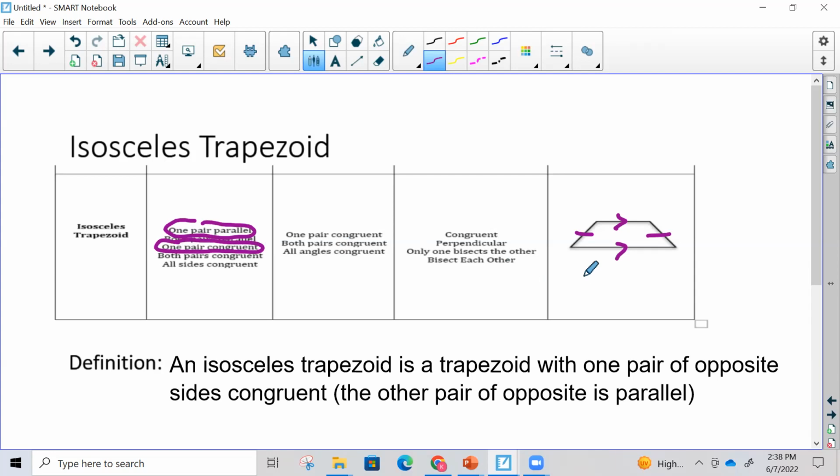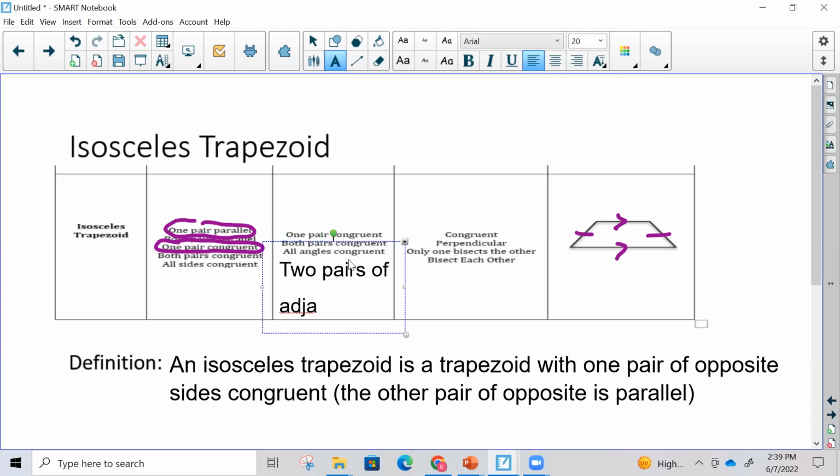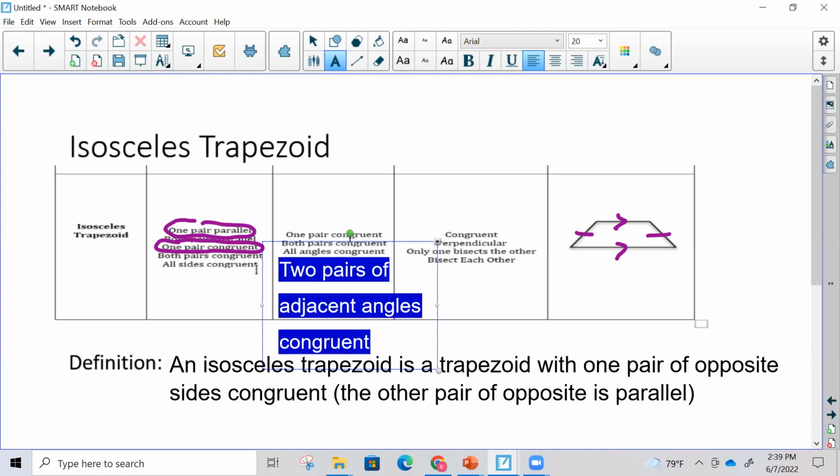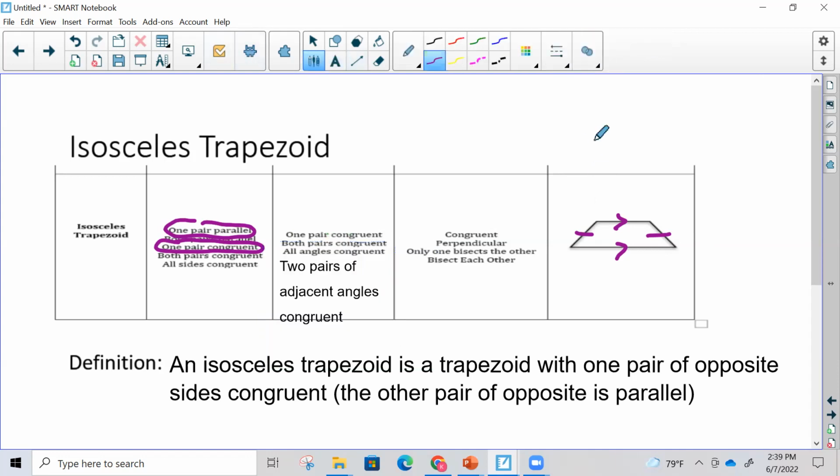And then for the angles, again, this is kind of like the kite. We don't really know anything about the opposite angles. We know that it has two pairs of adjacent angles congruent. So how a trapezoid works is we call the parallel sides the bases, usually base 1 and base 2.